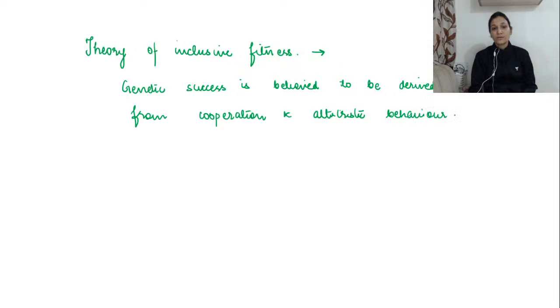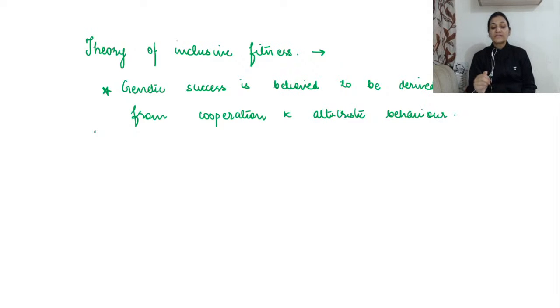So it is not the reproduction which is the major matter over here, but it is the cooperation, how much help they are getting. So inclusive fitness suggests that altruism occurring amongst organisms who share a given percentage of genes enables those genes to be passed on to the subsequent generations.